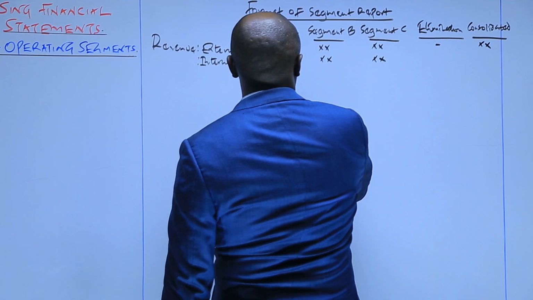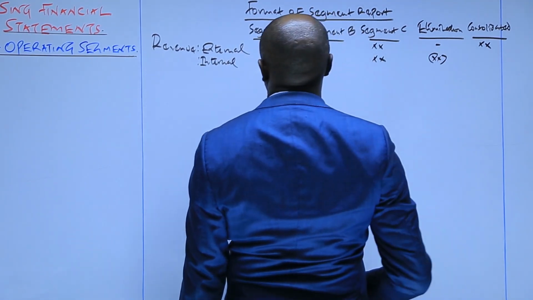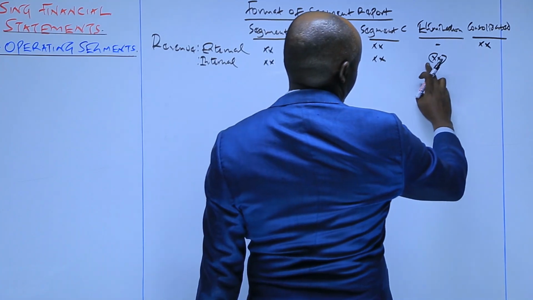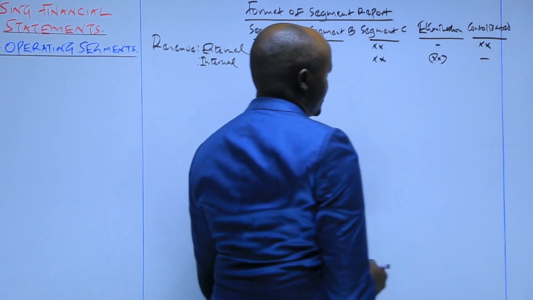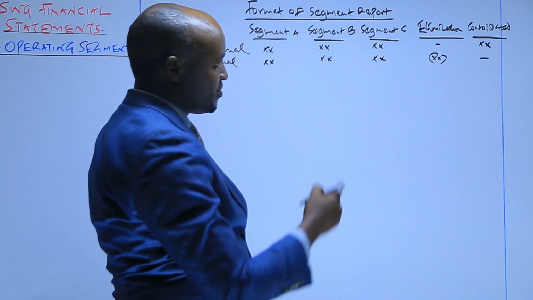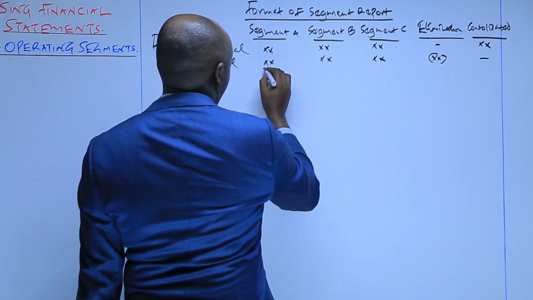And then equally we get the total internal revenue. We eliminate it here, such that once we add across, these intersegment revenues will not be reflected in the consolidated, or total column.